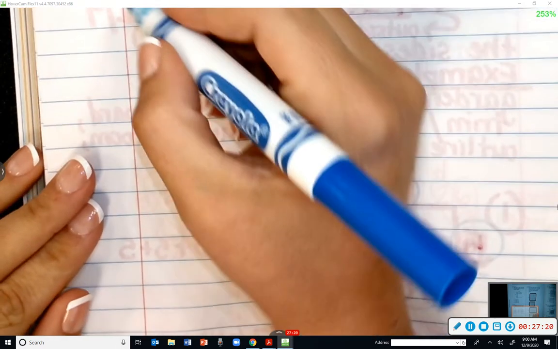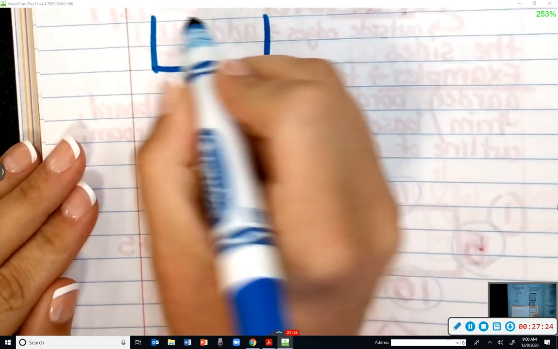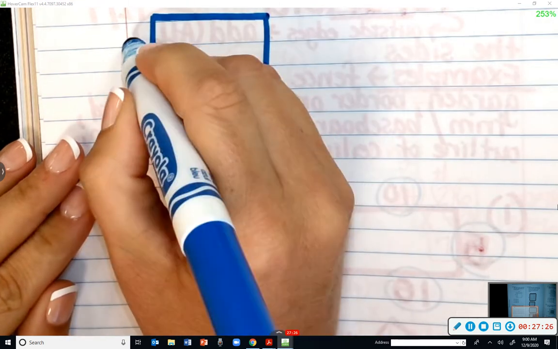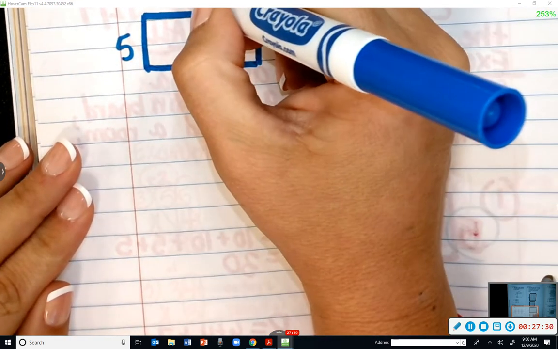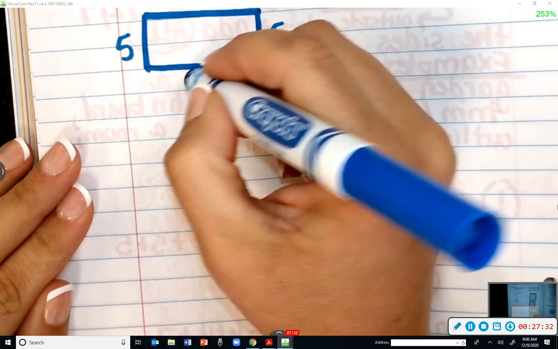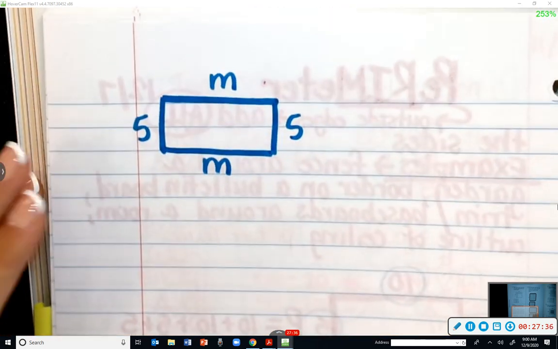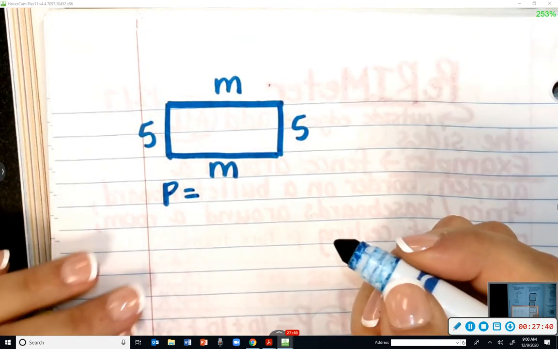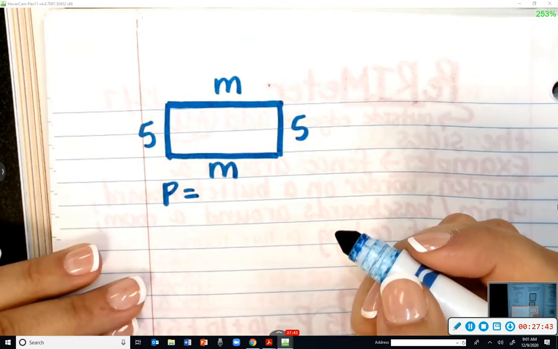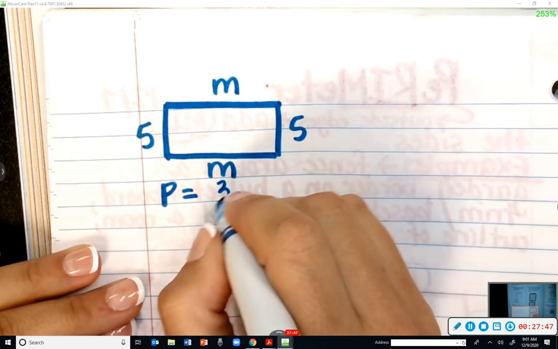Okay, so when I have a rectangle, if it were 5 and 5, then we have M and M. And the perimeter equals, let's just say, 30.